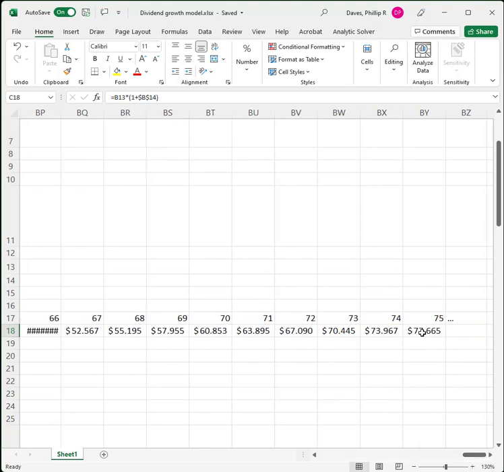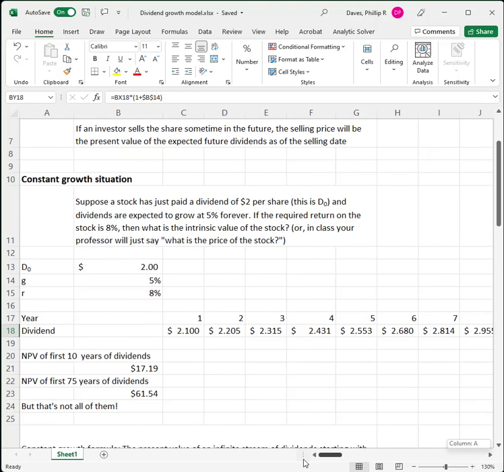So notice in year 75, $2 growing at 5% a year for 75 years, that means you're going to get a big, huge dividend in year 75. It's going to be $77 a share. That's a big dividend, especially compared to $2. But growing at 5% for 75 years leads to a pretty big number. So that's 75 years worth of them.